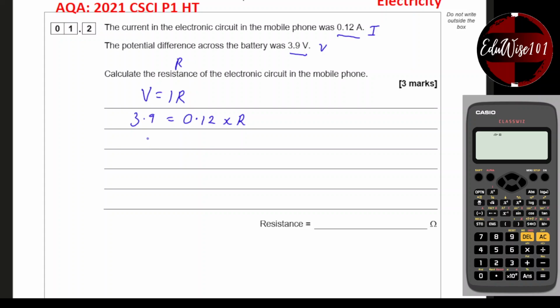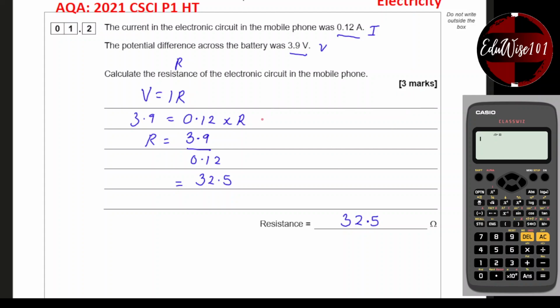Rearranging the equation, resistance equals 3.9 divided by 0.12, and that gives you an answer of 32.5 ohms. Now, looking at the marks, it was 3 marks.